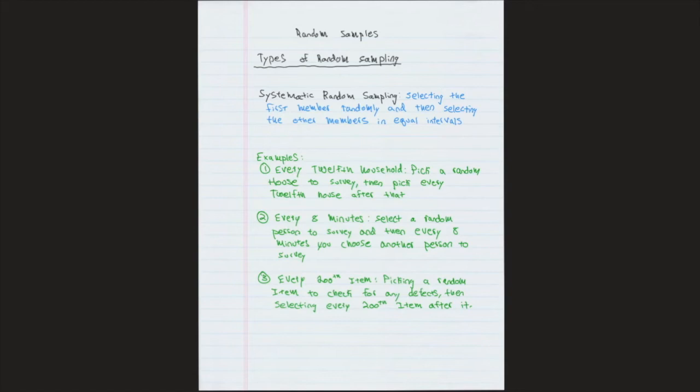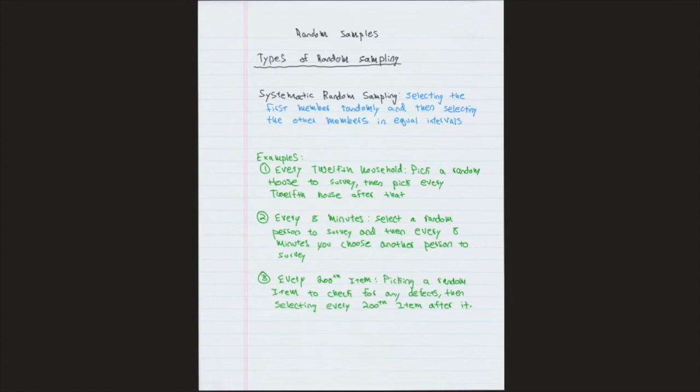Every 200th item. This one is popular for factories that test defects in their items. Especially phone manufacturers, they're going to randomly select a tray of phones and check to see if there are defects. They might select every 200th tray of phones and sample those and see if there are any defects.